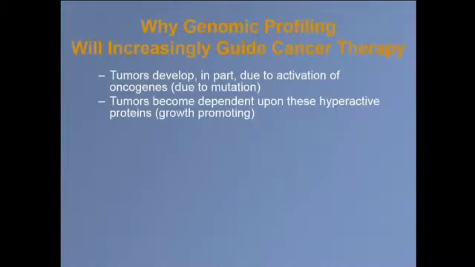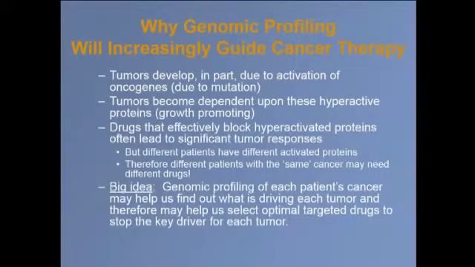If your car is going fast because the gas pedal is stuck to the floor, that car is dependent upon that gas pedal being down. It's the same thing if you have a gene that's making the cell go, that the tumor becomes dependent upon that. And increasingly, a lot of the new drugs that are being developed now are actually trying to target these various kinds of genes that can be turned on and can be making cells grow.